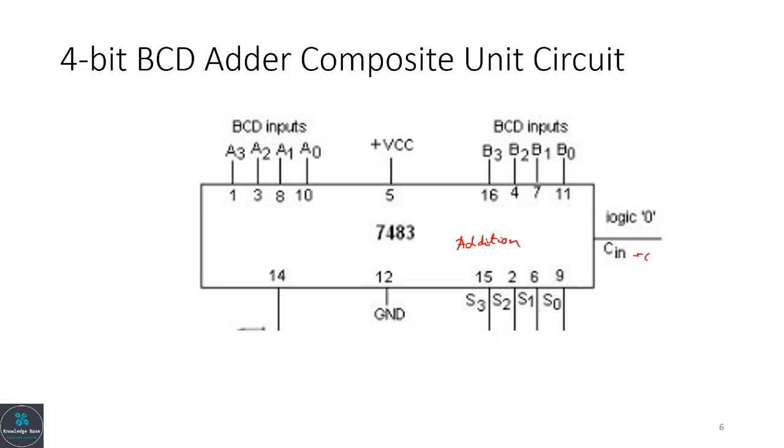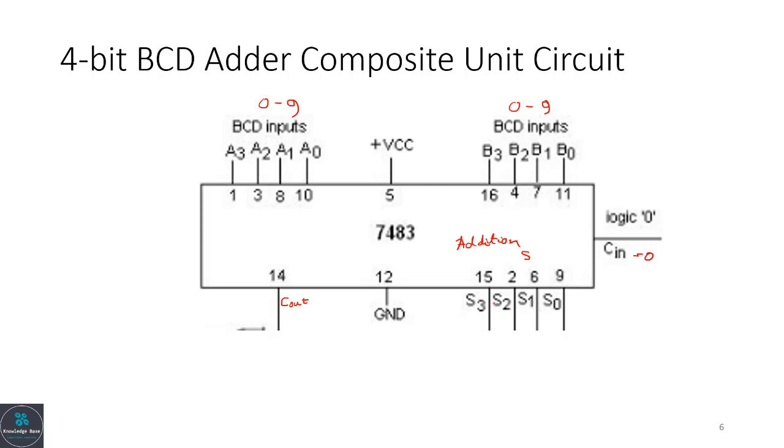Now, A is a BCD input, so with 4 bits it takes values from 0 to 9. B is also from 0 to 9. This 7483 will add A and B and generate the 4-bit result S3, S2, S1 and S0, and pin number 14 is the Cout.